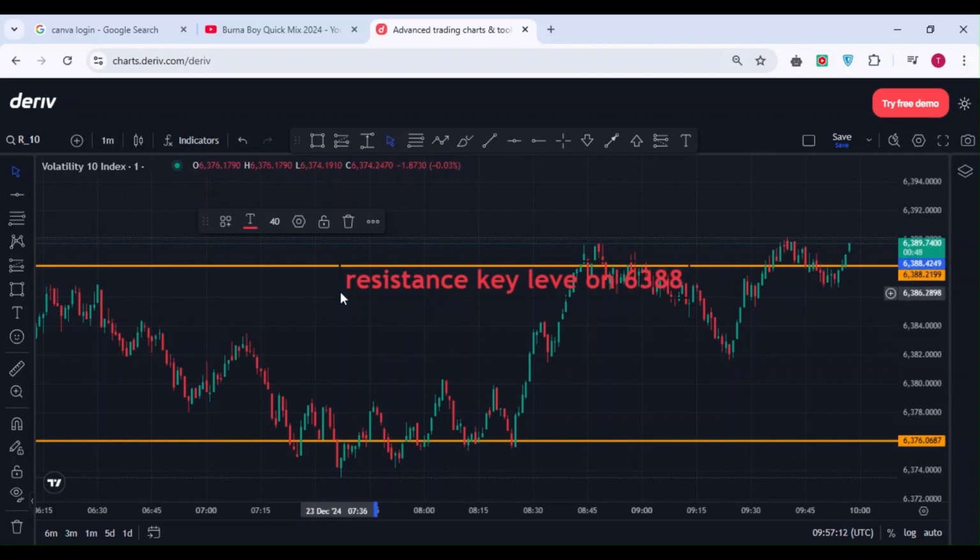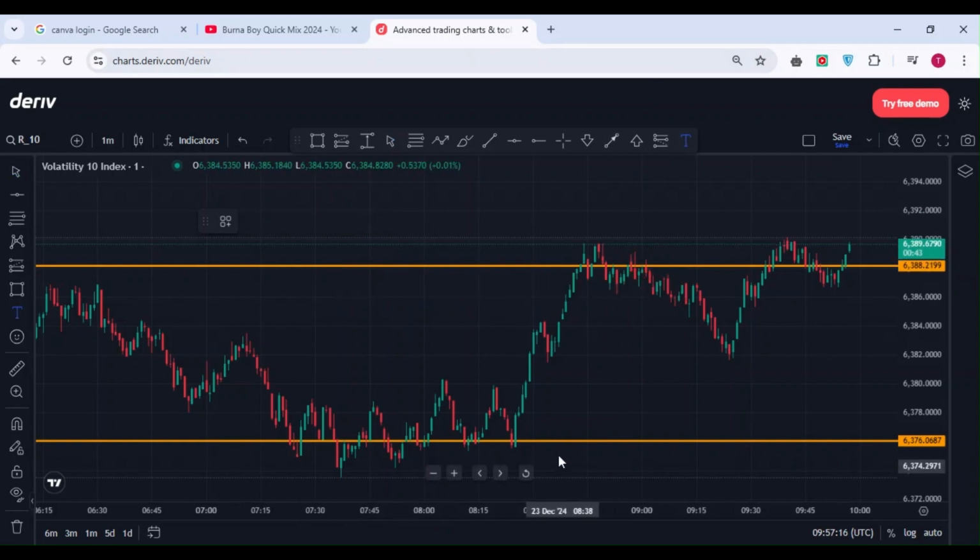Then we have another point here, which is the support, and that's 63.76.